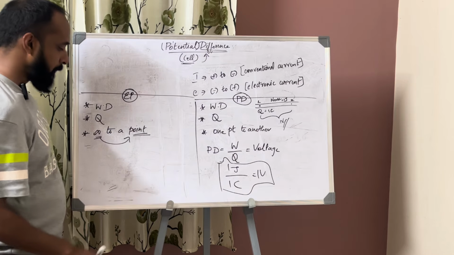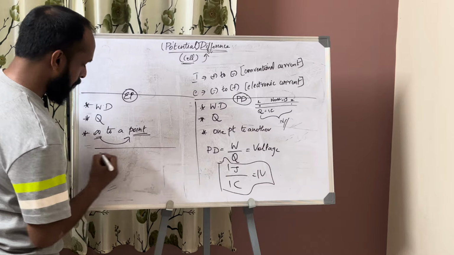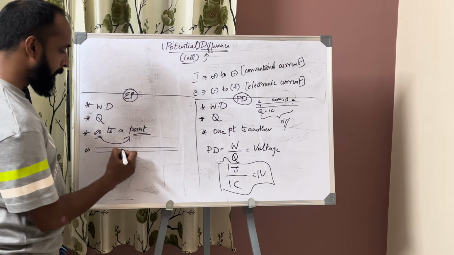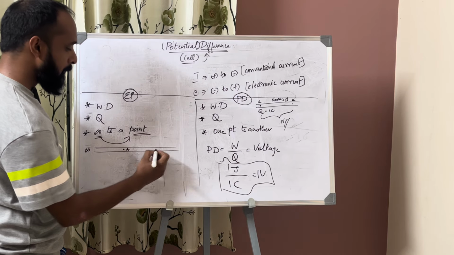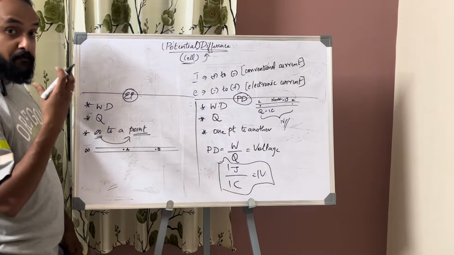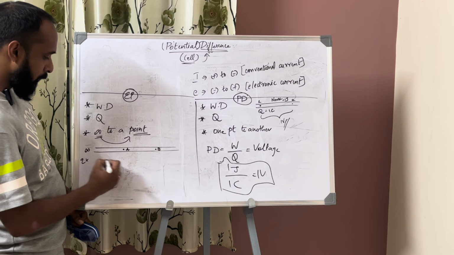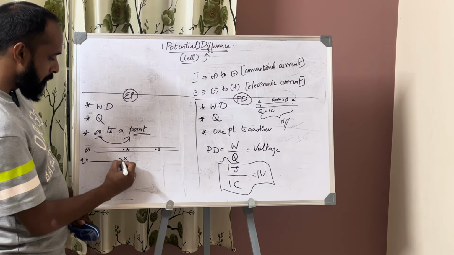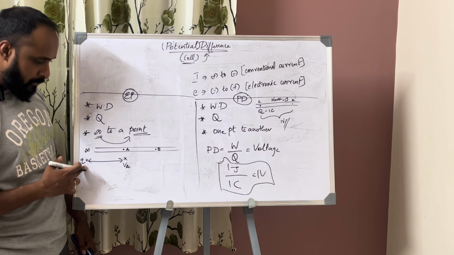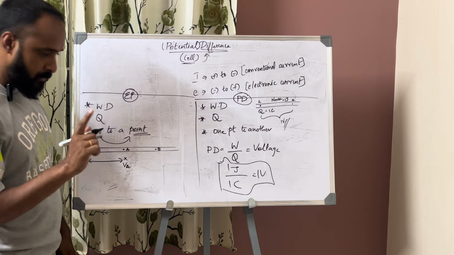Clear? Next point, how do we relate this with this? Let me assume I have an infinitely long wire and this point is infinity, and I take up a point here, name it A, and take up a point there, name it B. Whatever work I do in carrying a charge Q from infinity to the point A is called the potential at A, not potential difference.